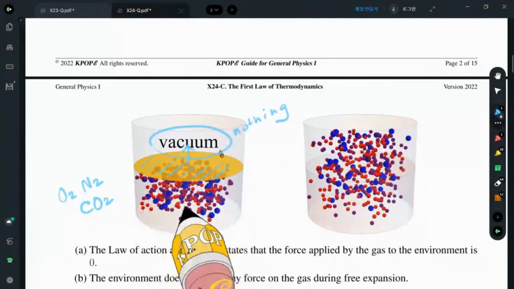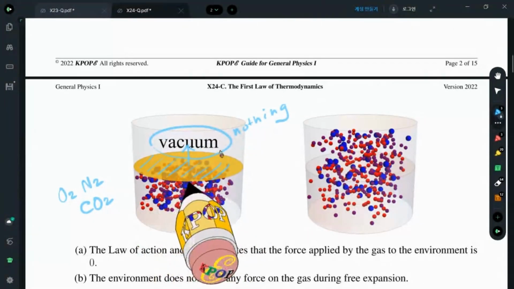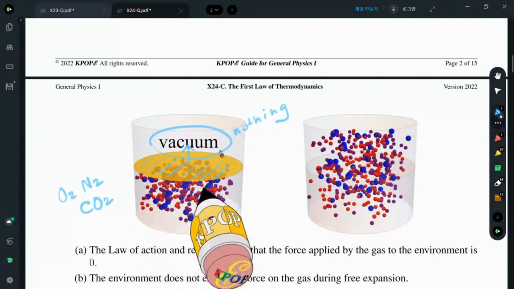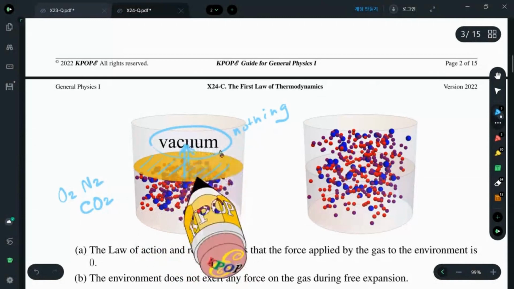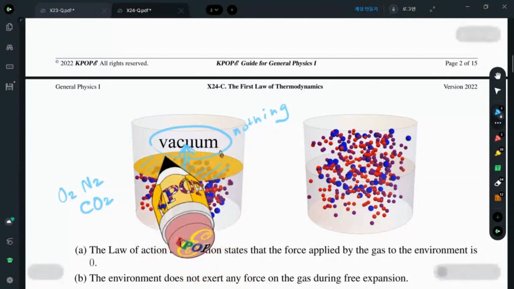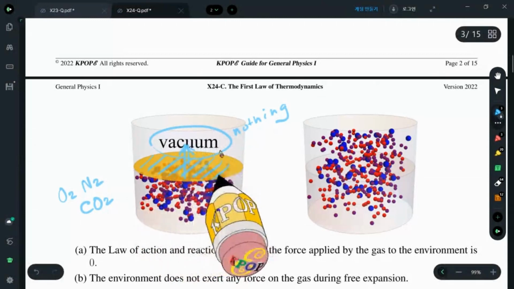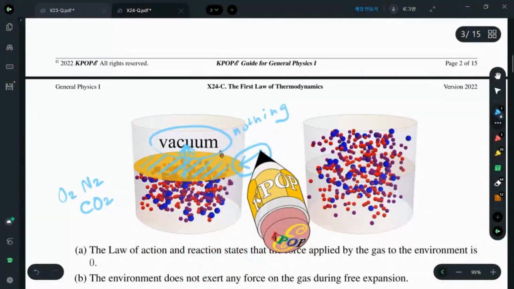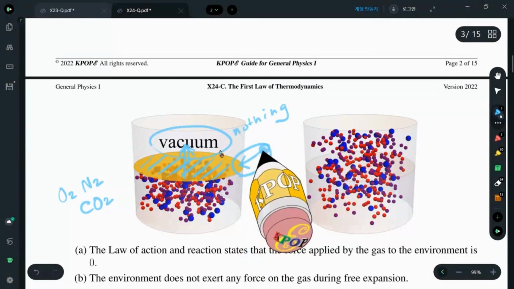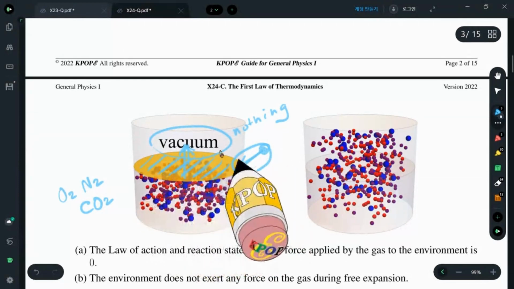However, on this side we have a certain pressure, and this gas gives a force to this part. So this partition should be held by something else. So external force should be applied to keep it.